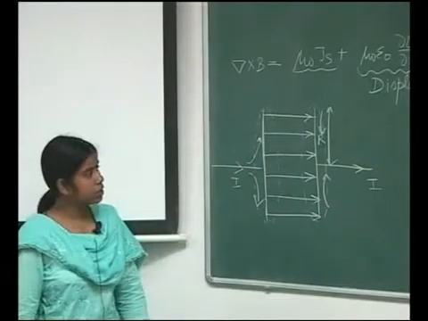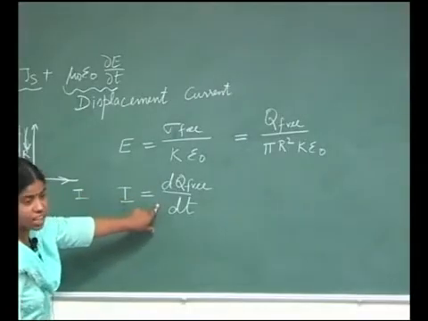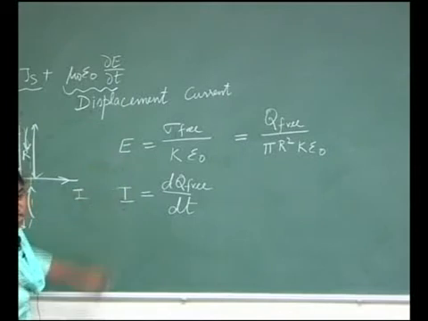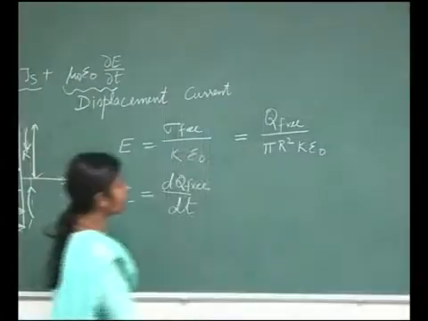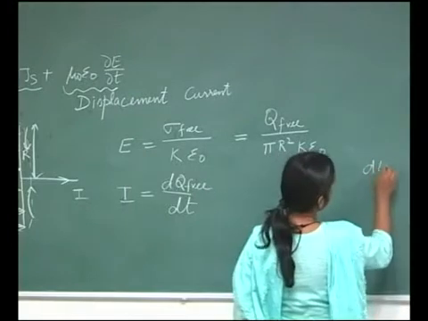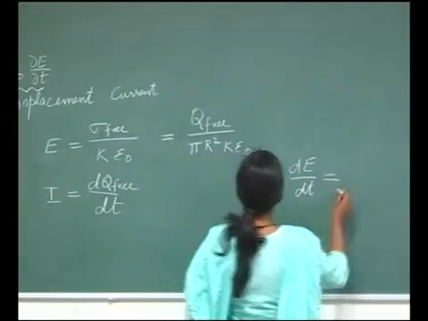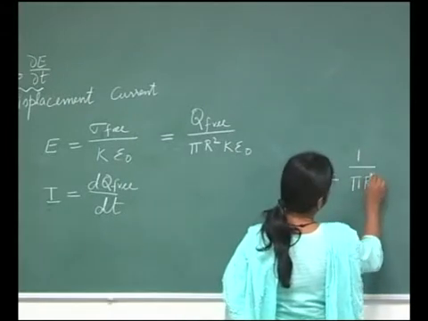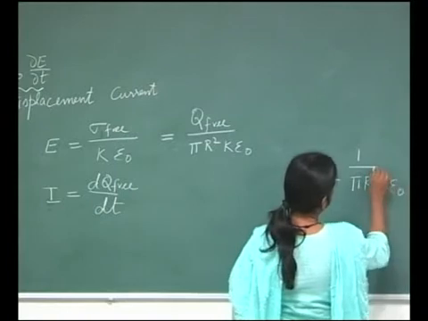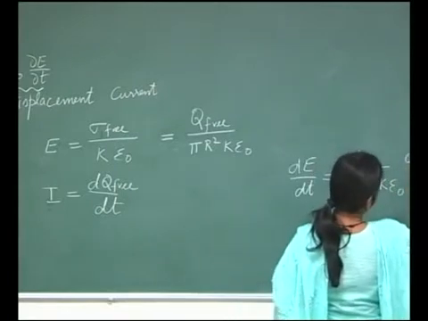Now this changing current will give rise to a changing electric field. So, I can say that dE by dt is equal to 1 upon pi r square k epsilon naught times dq free by dt.